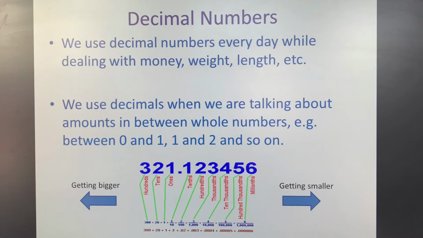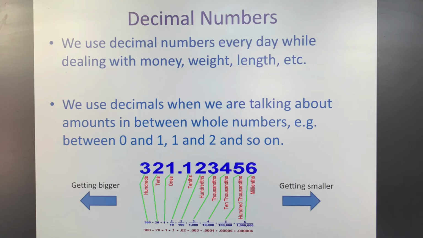And again, I use a little illustration there just to show that every digit that comes before the decimal point is a whole number, and it relates to units, tens, hundreds, thousands, and so on. And every digit that comes after the decimal point, for instance, the first digit that comes after the decimal point relates to tenths, T-E-N-T-H-S, tenths.